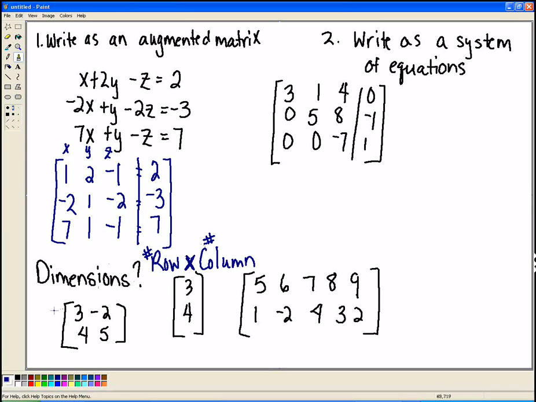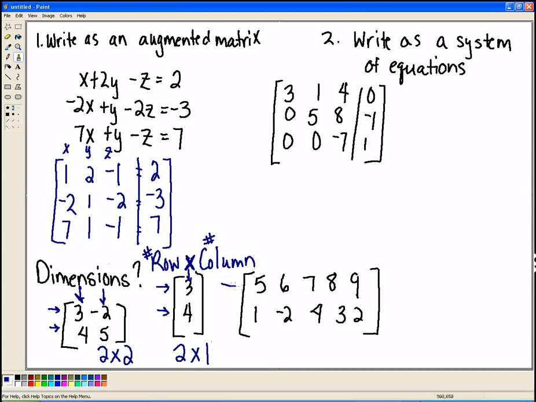So for example, in this first one, I have 1, 2 rows, so I'm going to write 2, then an X, and I have 1, 2 columns, so a 2 by 2. Here I have 1, 2 rows, I'm going to write an X, and I only have 1 column, so it's a 2 by 1.